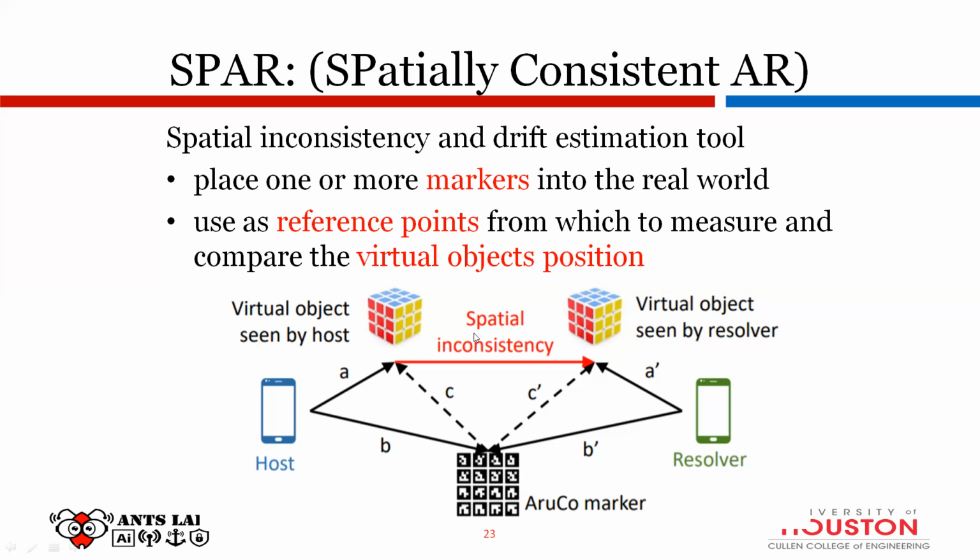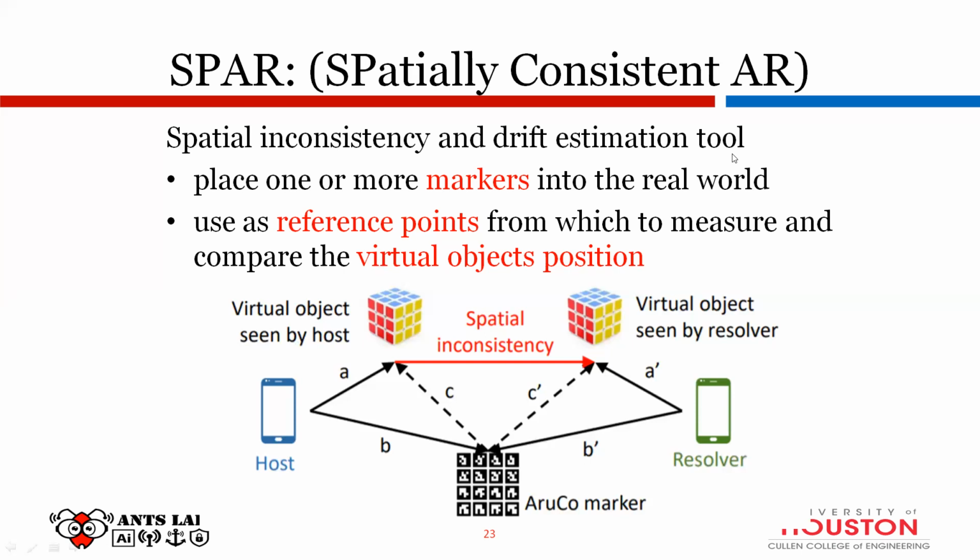They just simply want to know the spatial inconsistency, because the formal way of doing so is by using the human eye, and the human eye has some errors and can't handle all the differences. So they provide this tool to have a more convenient way to get the spatial inconsistency.